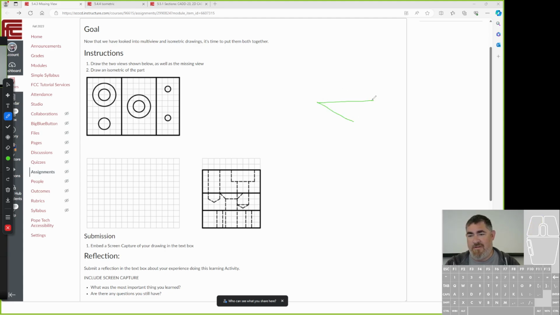The included angle at the bottom is 118 in real life. We draw at 120. So this is 30, 30, and this is 30. So we can use our polar tracking set at 30, and we can draw that in real quick. So we just draw the bottom here, and then connect it.